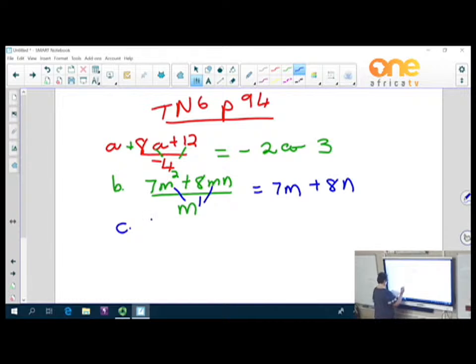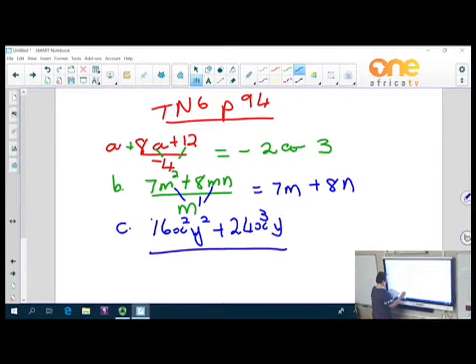Number C, 16x squared y squared plus 24x cubed y over 8x squared y squared is equal to. So I'm going to divide each one. So this one gives you 2.